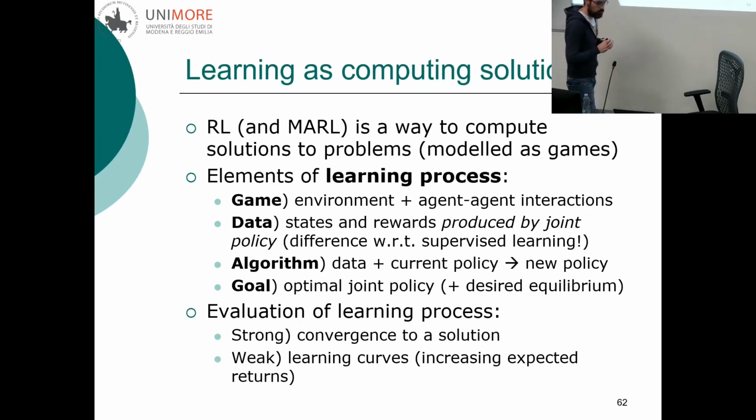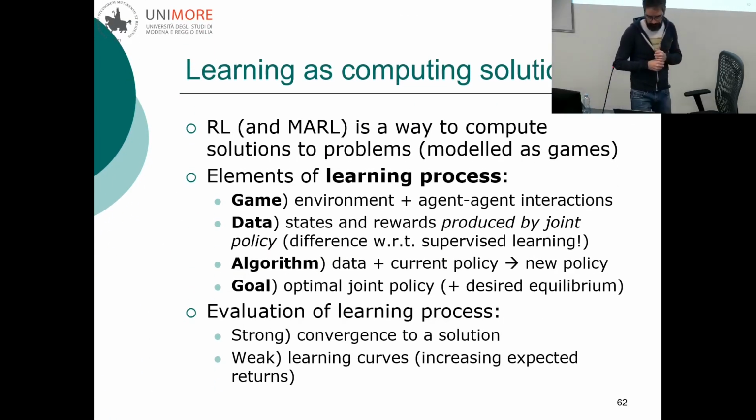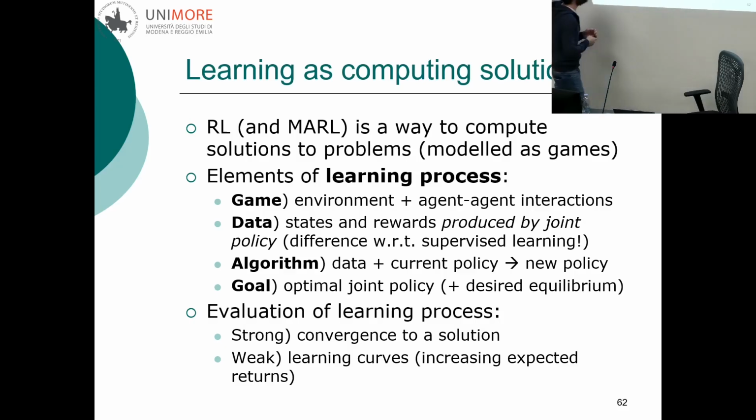So how can we actually compute a solution? Well, to actually define a learning process, you basically need four ingredients. The game, or environment, or decision process, call it whatever you want.